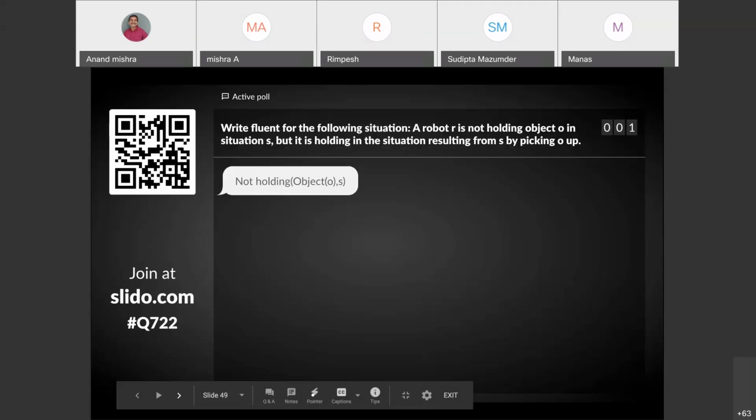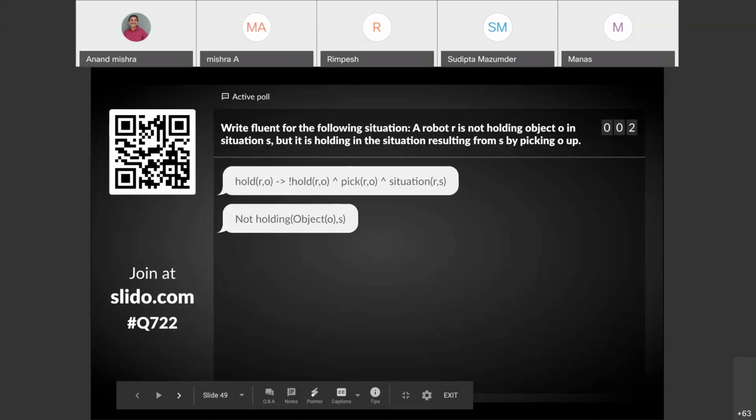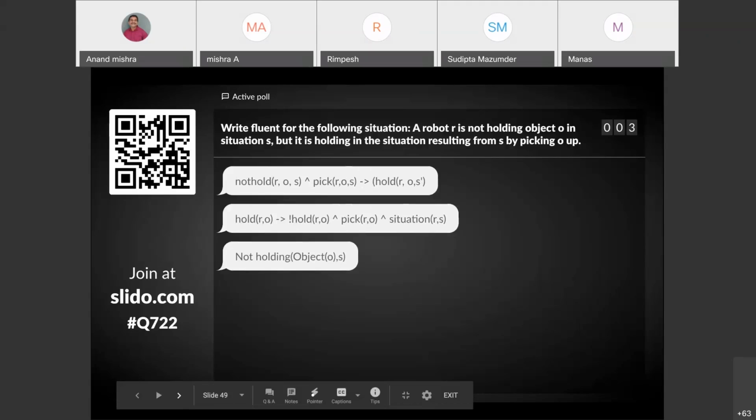So this is correct, the part one. Someone is trying not holding, pick, arrow, situation.